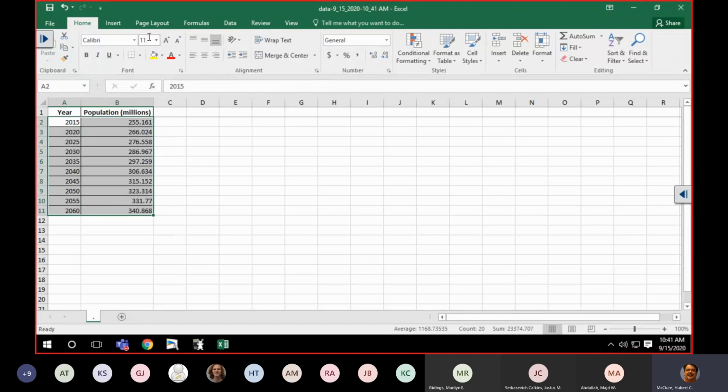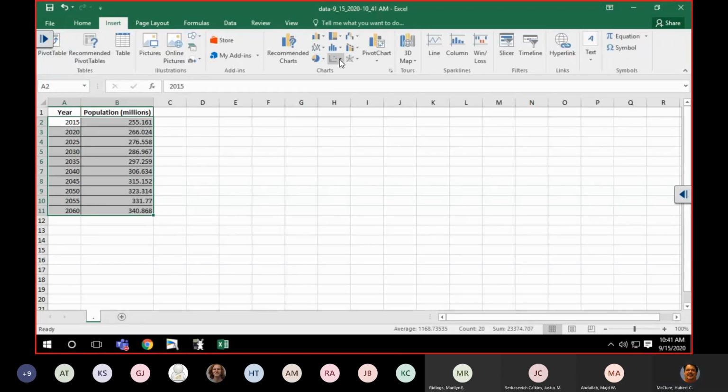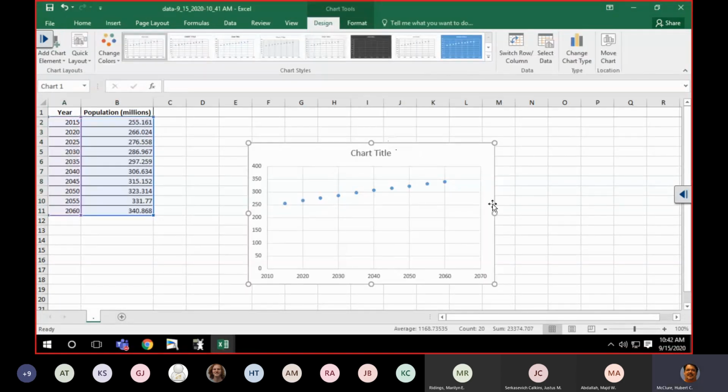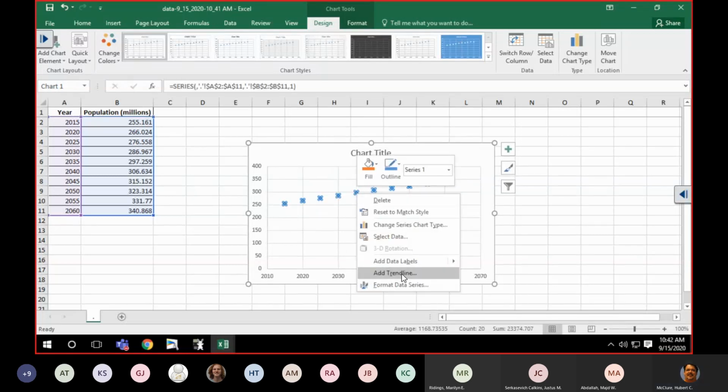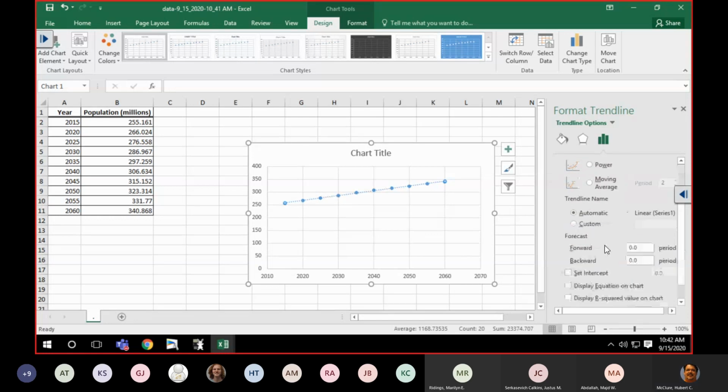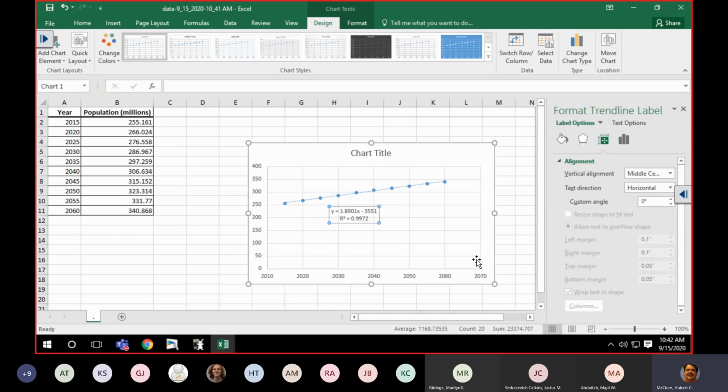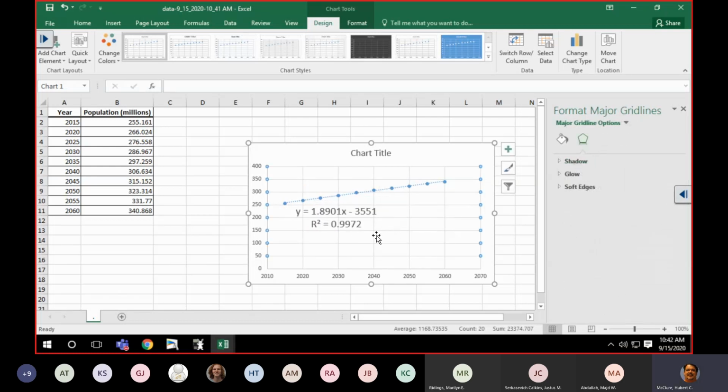So here is the insert. Looks like it's pretty linear. Click, right click, add trend line. And there is our function. Okay, write that down because that's basically your answer.